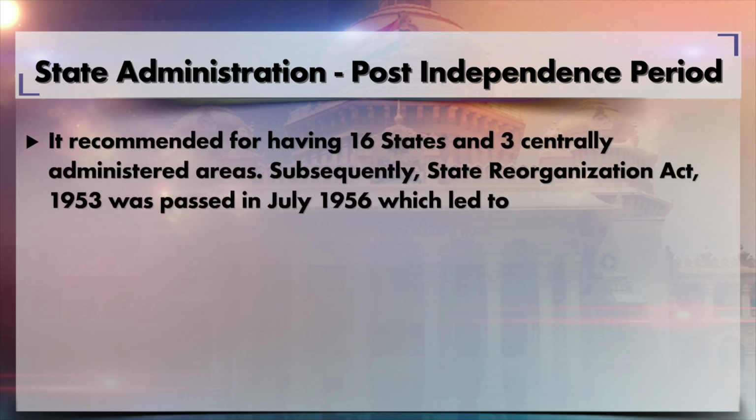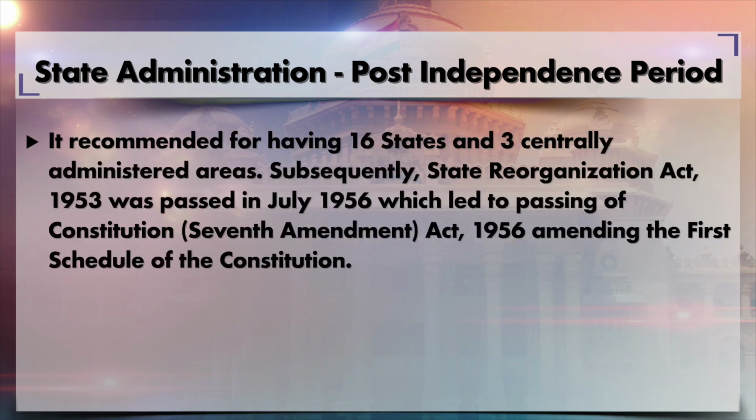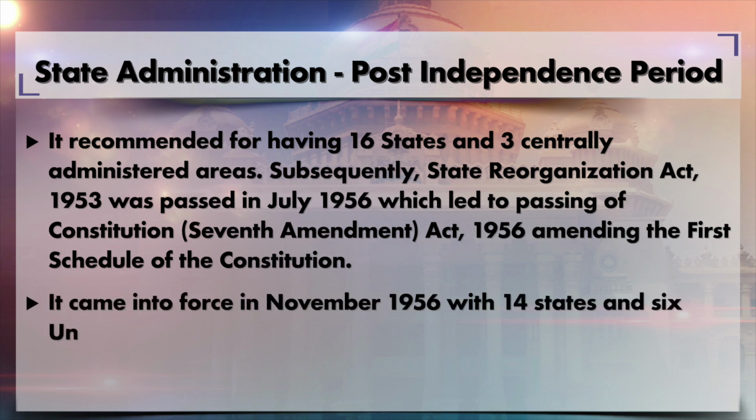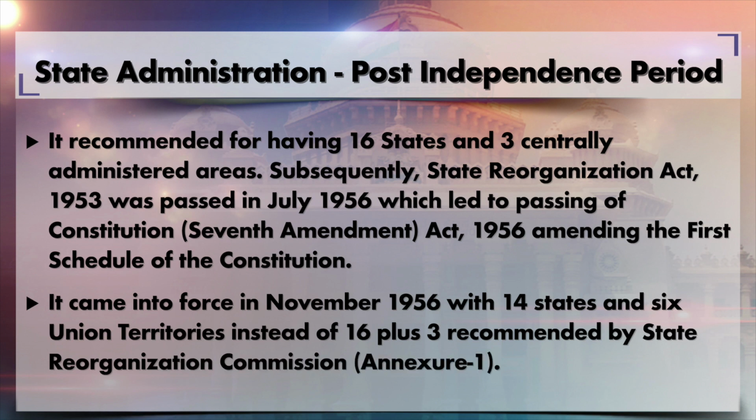It recommended creating 16 states and 3 centrally administered areas. Subsequently, the State Reorganization Act 1956 was passed in July 1956, which led to the passing of the Constitution 7th Amendment Act 1956. The amendment amended the first schedule of the Constitution and came into force in November 1956.